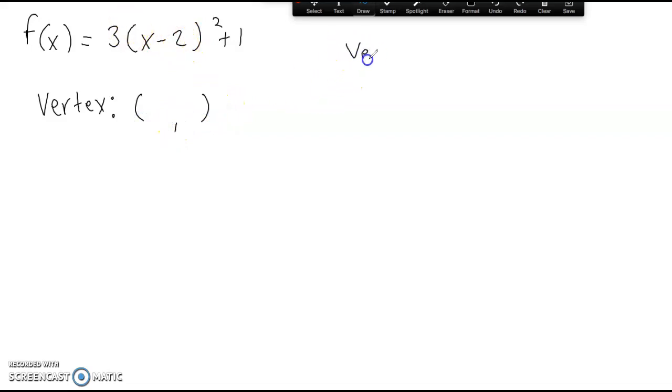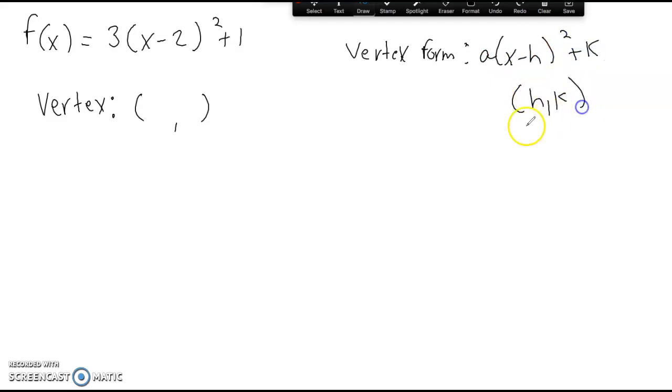The vertex form is a times x minus h squared plus k, and our point is h, k. So here, it's already in vertex form. I see my h right here, and I see my k right here. So I know that my vertex is 2, 1.